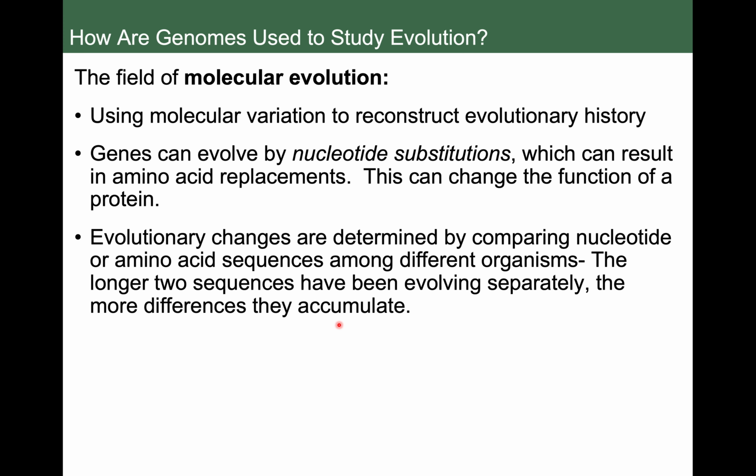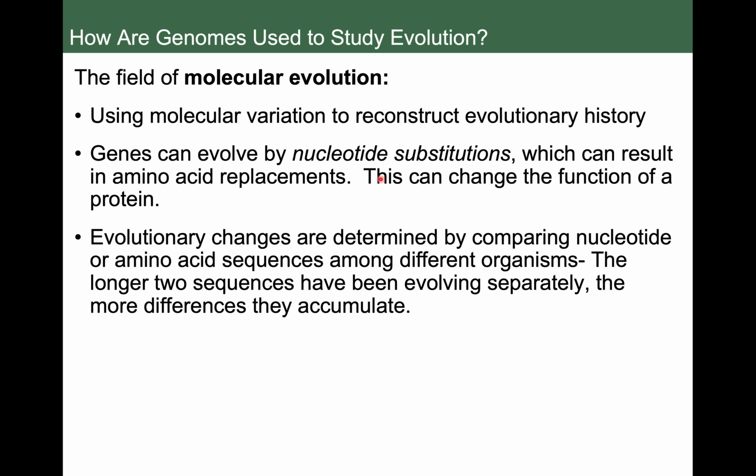So, as we've said, genes and genomes are going to evolve by mutation, changes in the DNA sequence that are typically referred to as nucleotide substitutions. So, we're substituting one nitrogenous base for another, an A for a G or an A for a T, whatever the case might be. And anytime you change the sequence of a gene, that may also potentially change the sequence of the amino acids that are coded for in the protein.